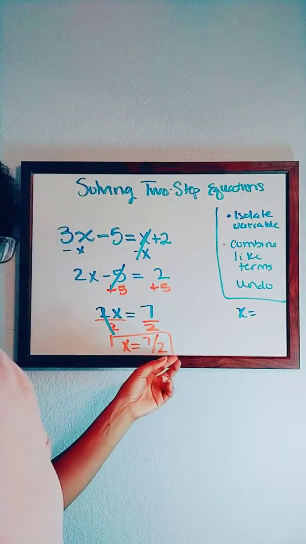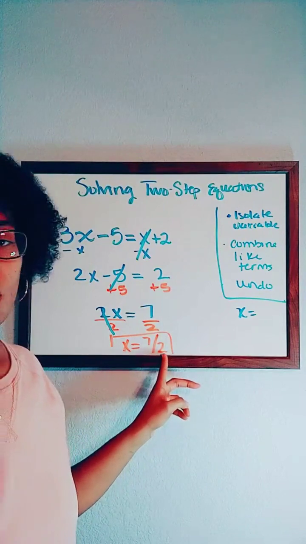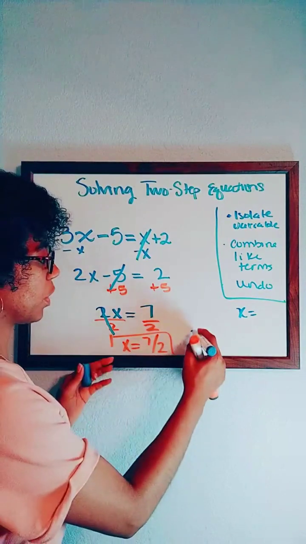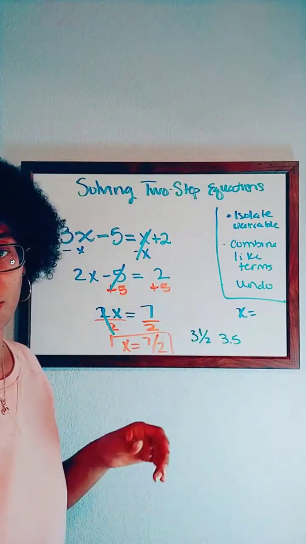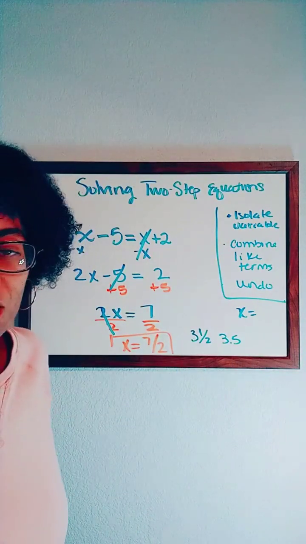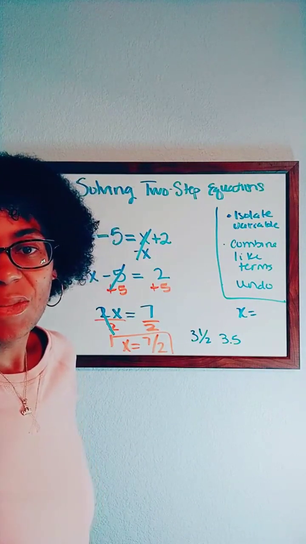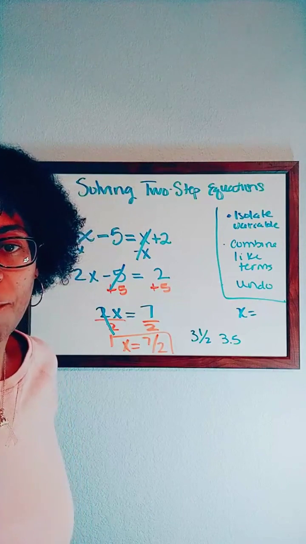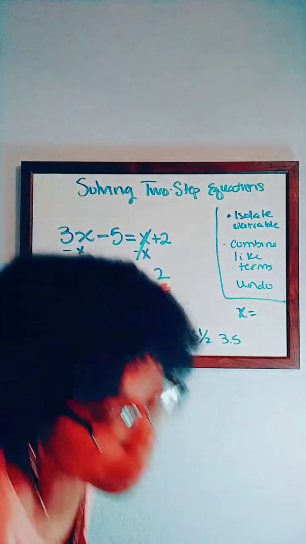Yeah, it's all the same. 3.5. You can do 3 1/2, you can do 3.5, either way. I just leave it at 7 over 2, just make it easy. But you got it right.